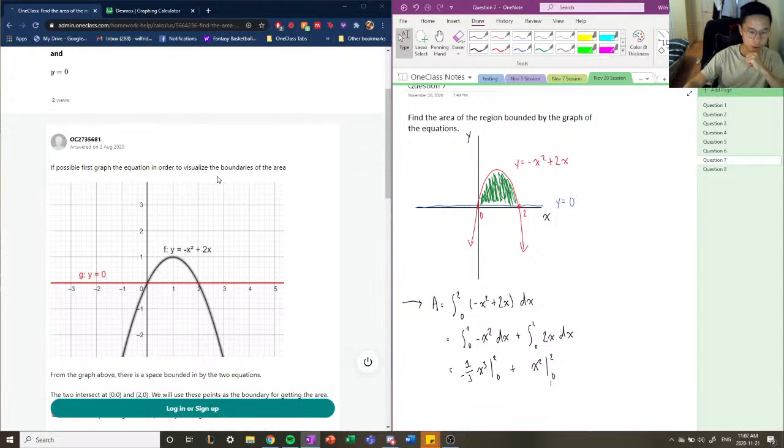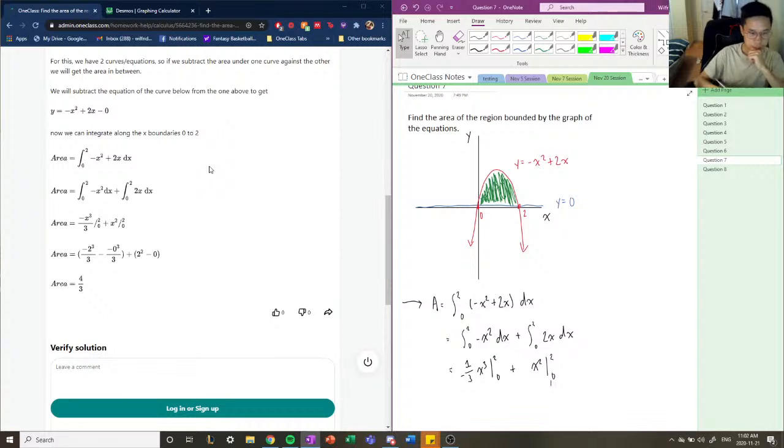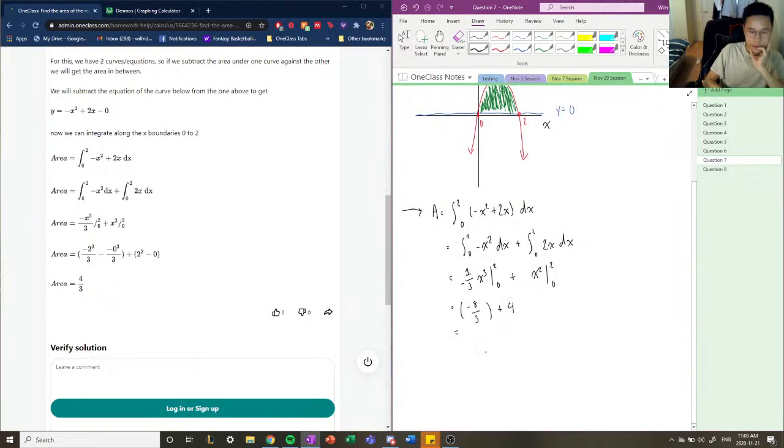Okay, and now we're going to calculate the area of these two, which is negative 8 over 3 minus 0 plus 4, which equals negative 8 plus 12 over 3, and we get 4 over 3, and that's the area under the curve, 4 over 3.